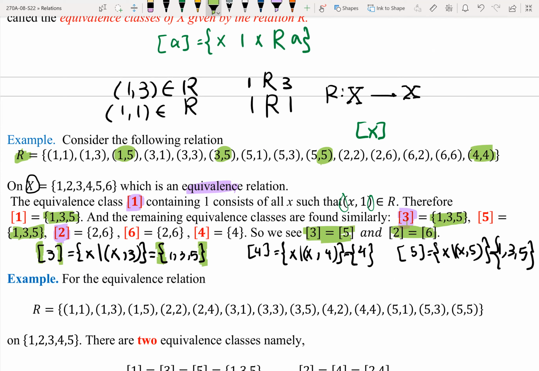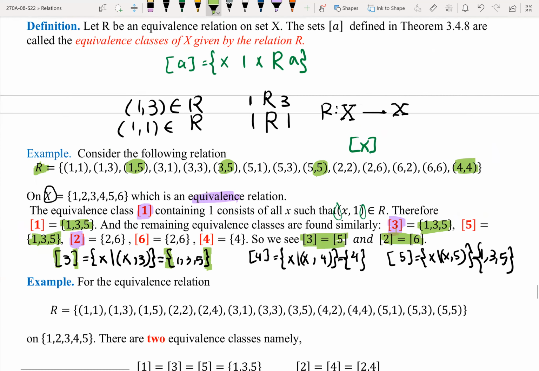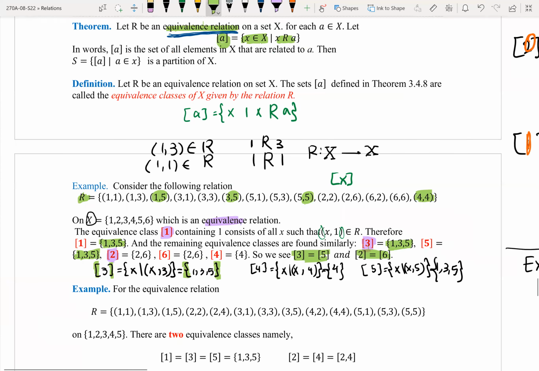Can I make a partition now with this example, if that's the goal? You can have the class of 1, and then delete the class of 3 and 5. So we have the class of 2, the class of 3.